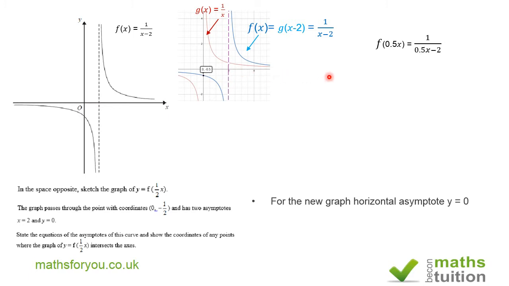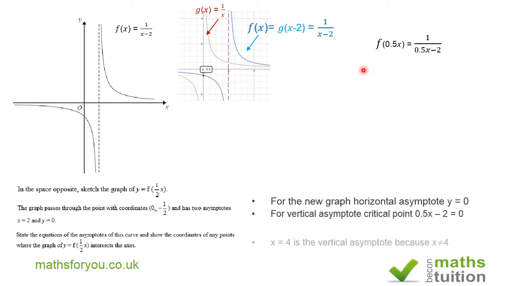We now need to find the equation of the vertical asymptote. To do that, we know that we are not allowed to have 0 as the denominator in this fraction, as that will not be valid. So we're looking for a critical point such that the value of x will give us 0 there. If we equate 0.5x minus 2 is equal to 0, you will end up with x is equal to 4, which means that x cannot be equal to 4.